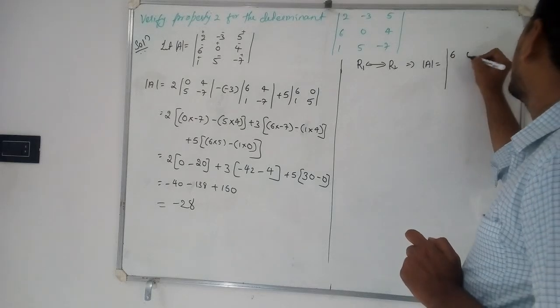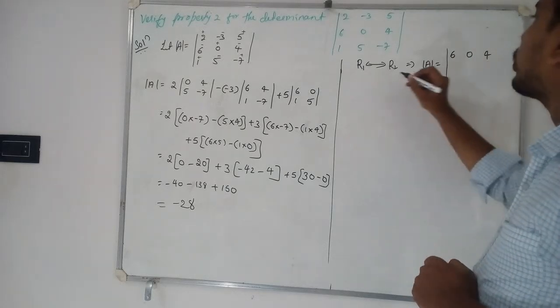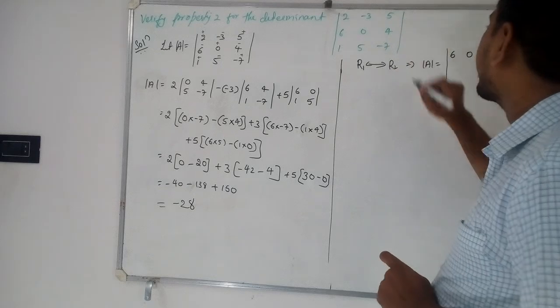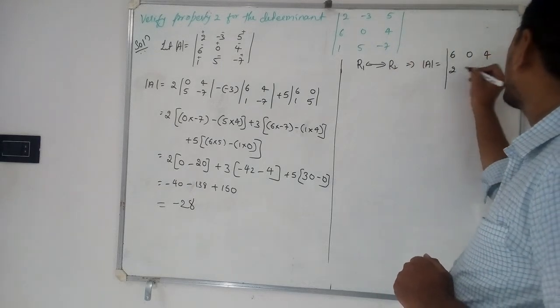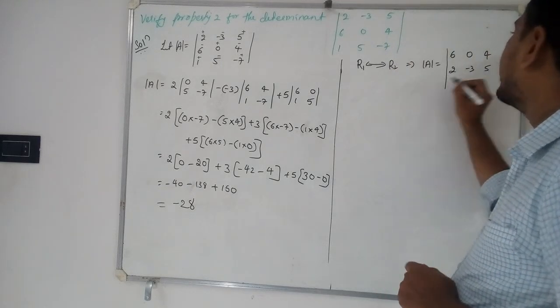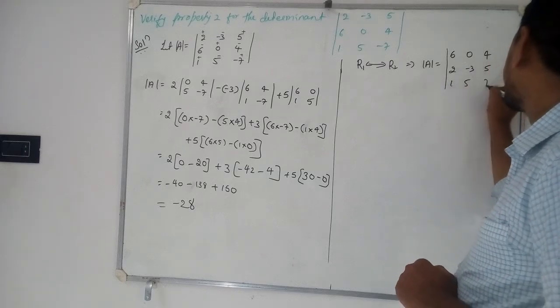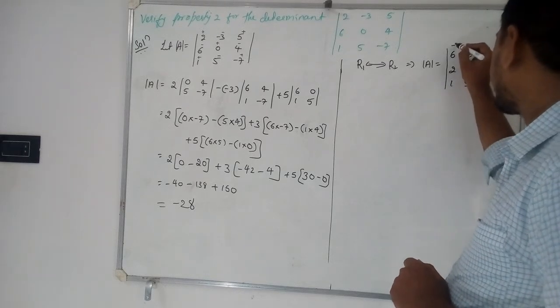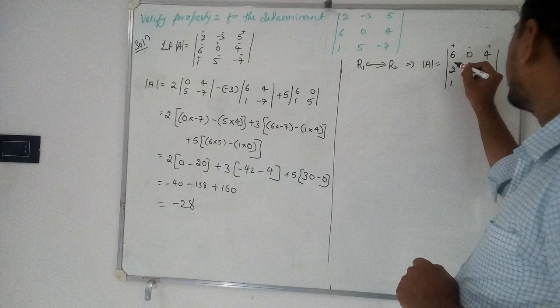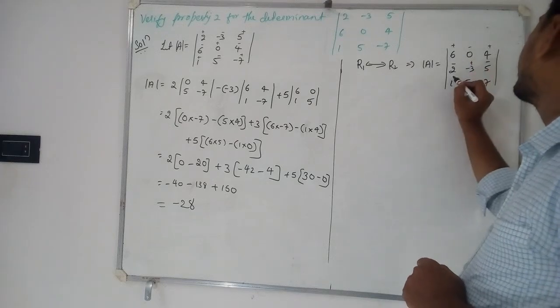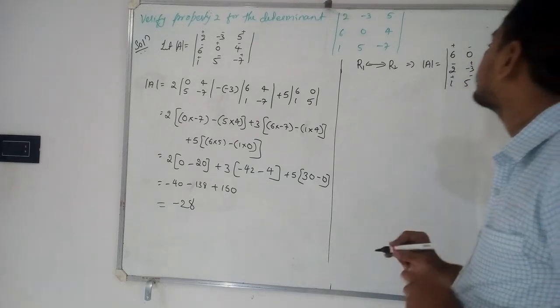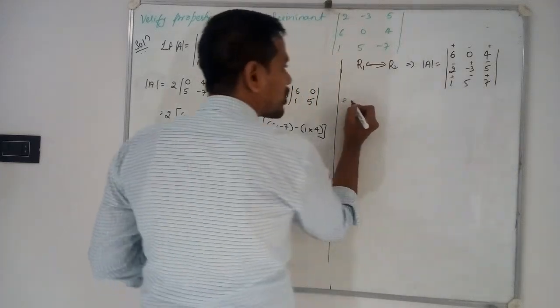That becomes my row 1. What is my row 1? 2, minus 3, 5. That becomes my row 2. And the third row, 1, 5, minus 7, remains as it is. Sign convention: plus, minus, plus, minus, plus, minus, plus, minus, plus. Right. So let's proceed with the calculation part.